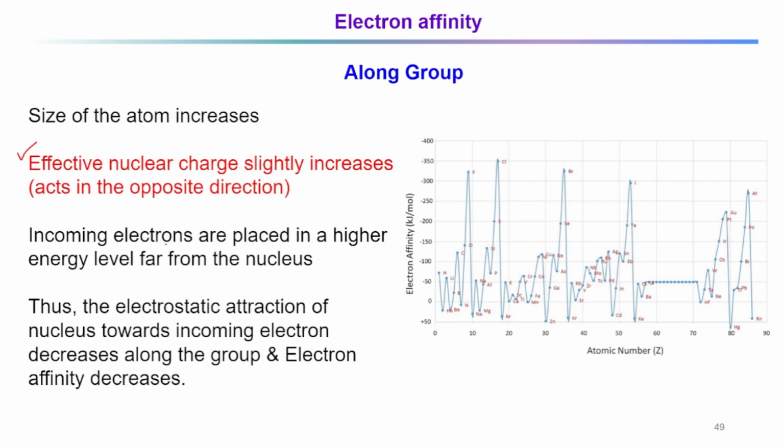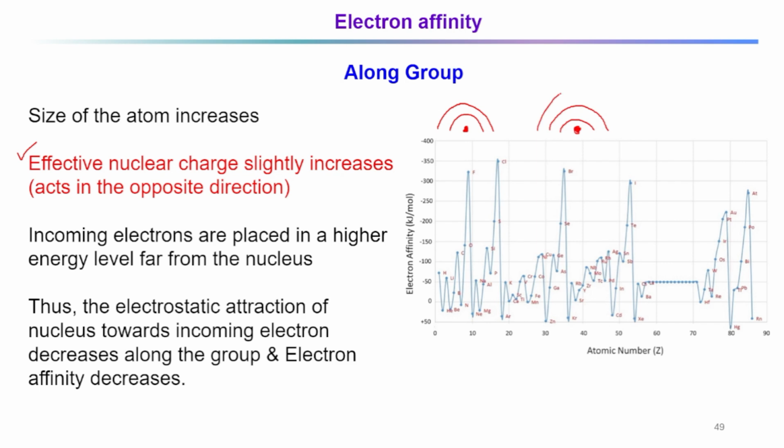Now, incoming electrons are placed in a higher energy level far from the nucleus. Let's try to understand what is written here. Suppose we have an element which has only two shells. And when we go from top to bottom, suppose we have another atom, which has more shells.